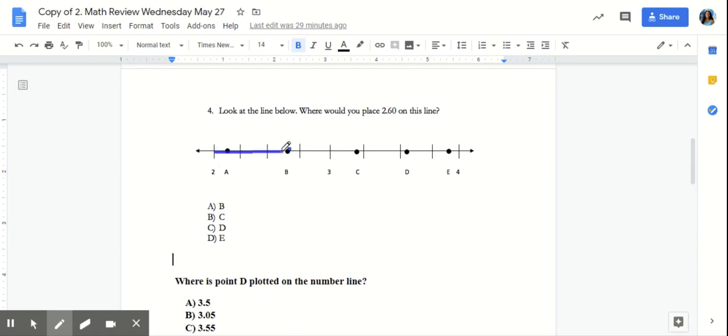So we know that our point is going to be between 2 and 3. Now, if we look at our answer choices, the only possible answer choice is B. The way that we can prove that answer is we know that this halfway mark is going to be 2 5/10 because we know that 2.5 would be our midpoint.